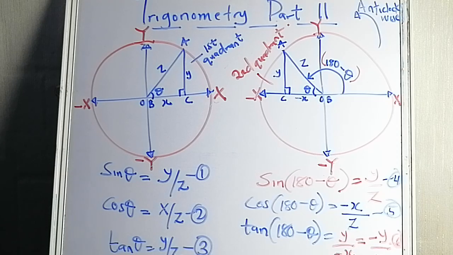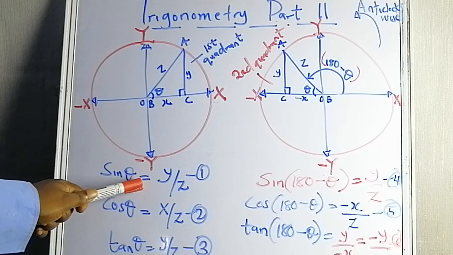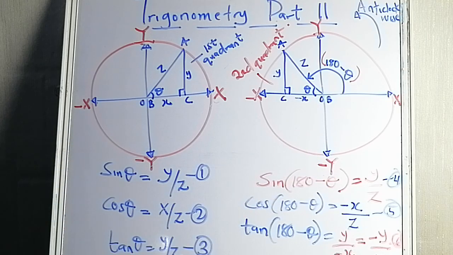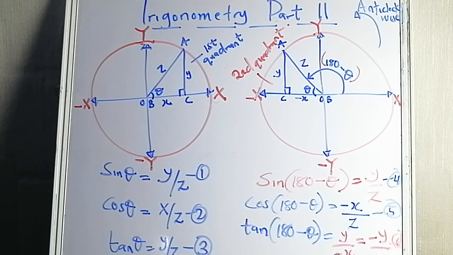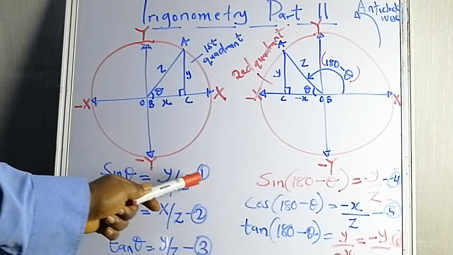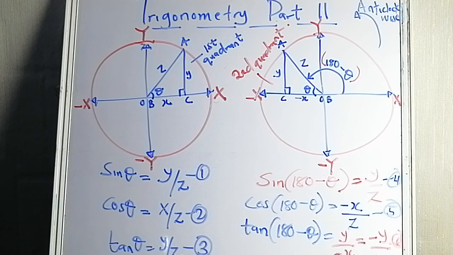Now if you note this very well, equation 1 and equation 4 are the same. It means that sin theta equals sin 180 minus theta, which is y over z. Equation 2 and 5 are only negative to each other.